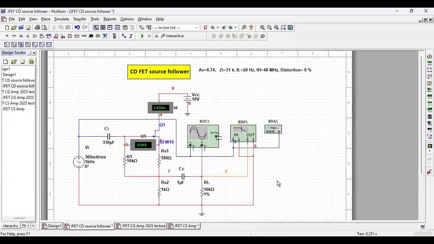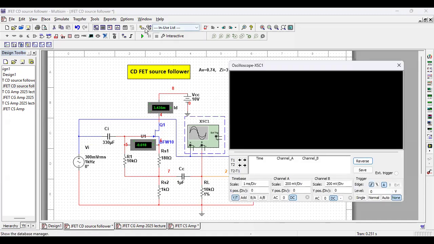Other components remain the same. Here, like in a BJT emitter follower, there is no gain really. Here also you will find there is hardly any gain.